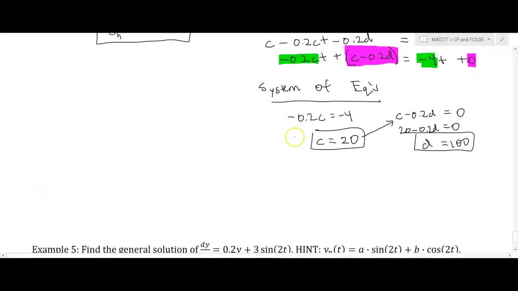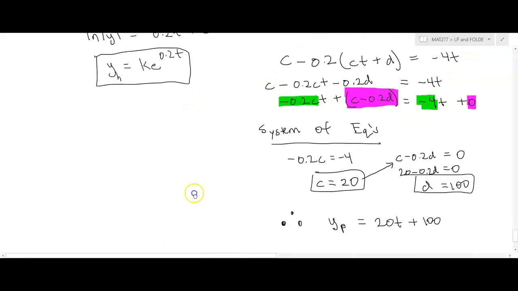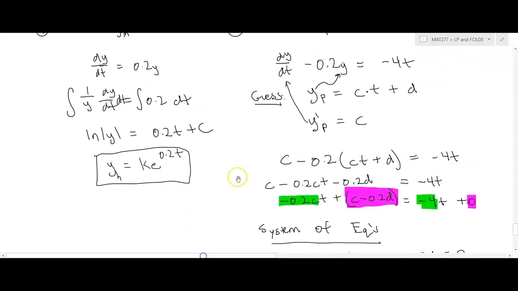So my y particular is going to equal 20t plus 100. And you can double check that we solved for the correct term. If I put in dy/dt minus 0.2 times 20t plus 100, and you distribute that through, -0.2 times 20 is going to be -4, so that'll give me the -4t.